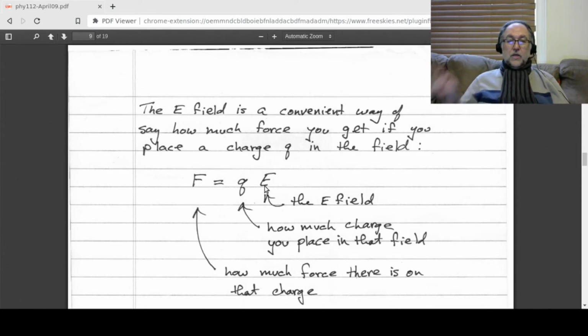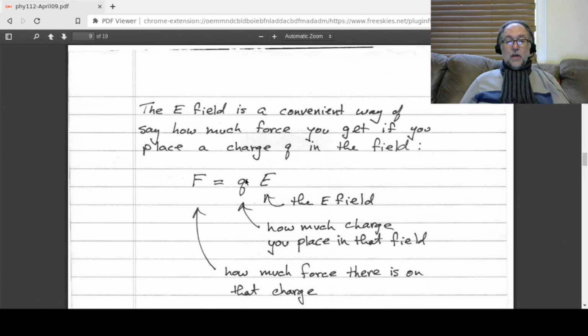E. And you say, I'm going to put a charge Q at that point in space, and if you multiply Q times E together, you get the amount of force that that electric field is exerting on that charge Q. So F equals QE is a formula that we'll be using to relate the force on a charged particle in an electric field E.